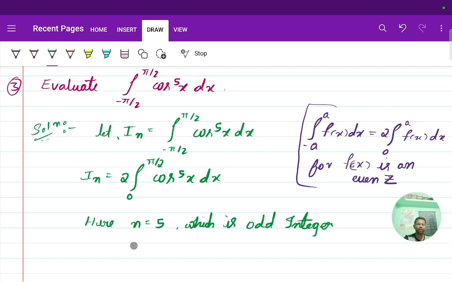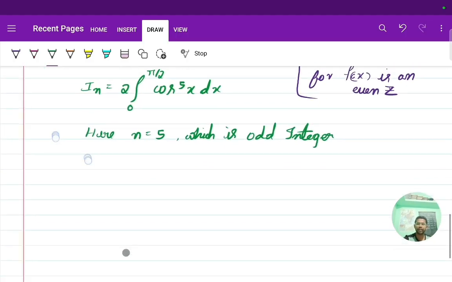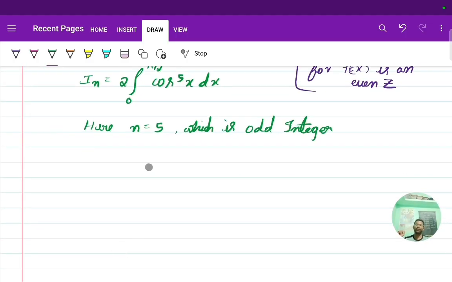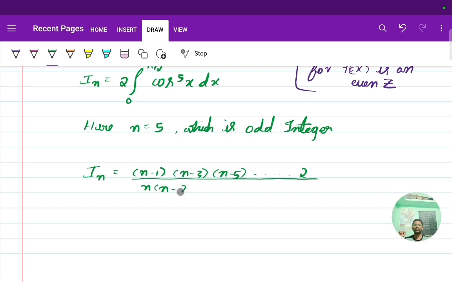You know the formula to find this when n is equal to 5, or n is odd, right? We have the formula: I_n is equal to (n minus 1)(n minus 3)(n minus 5) and so on up to 2, whole divided by n(n minus 2)(n minus 4) and so on up to 3 into 1.